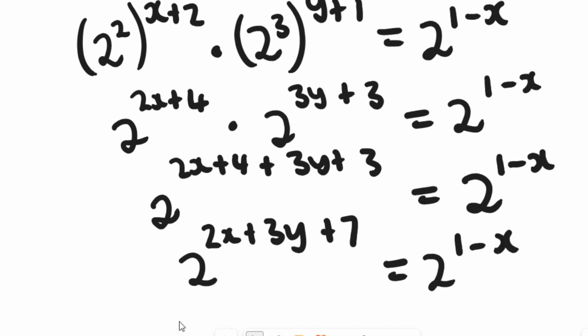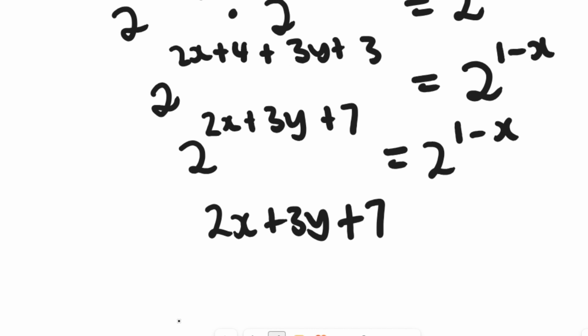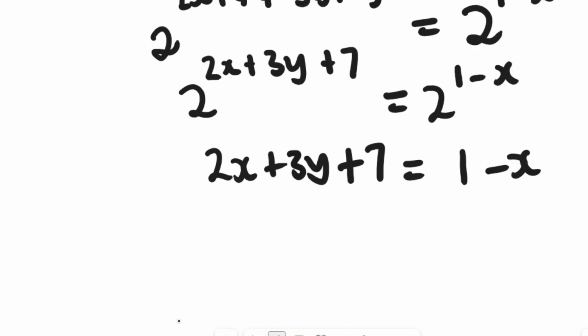Okay. From here, we have the same bases, and then we can equate the exponents. So we proceed and equate the exponents and say now our 2x plus 3y plus 7 will give us 1 minus x. From here, minus x goes to the other side and becomes plus x.